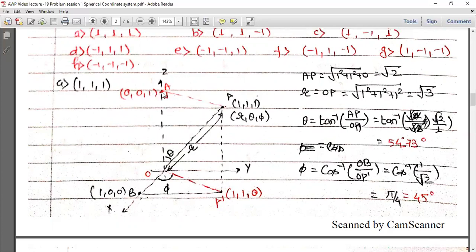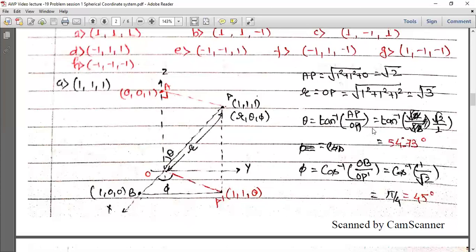Now the distance from origin to point A, you can very well find, is 1. The distance between A and P, again you can find, will be equal to the square root of 2. If you consider this triangle OPA, which has 90 degrees at point A, then for angle theta, AP is the perpendicular, OA is the base and OP is the hypotenuse. That's why tan theta, which can be written as perpendicular upon base, is AP upon OA.